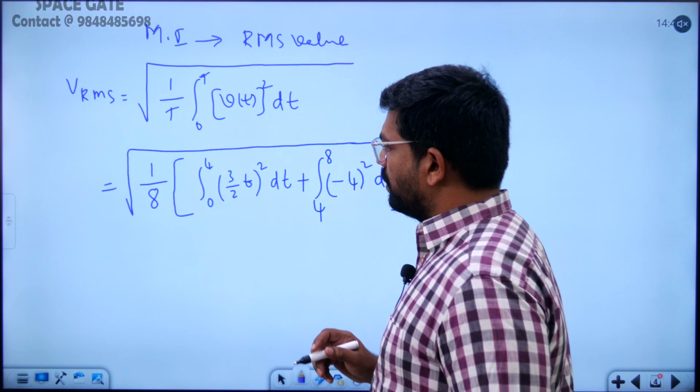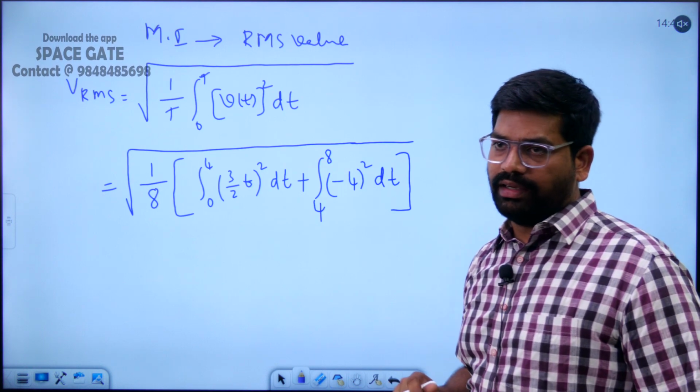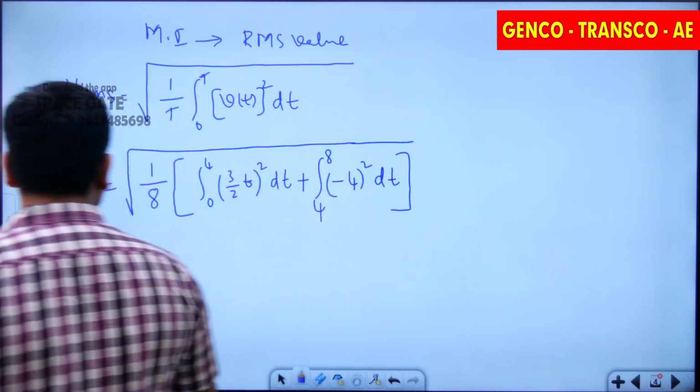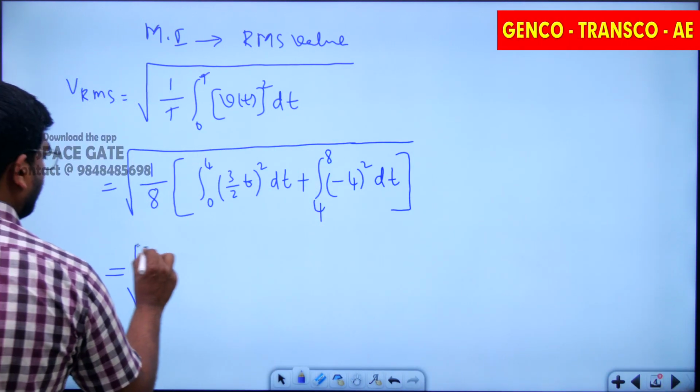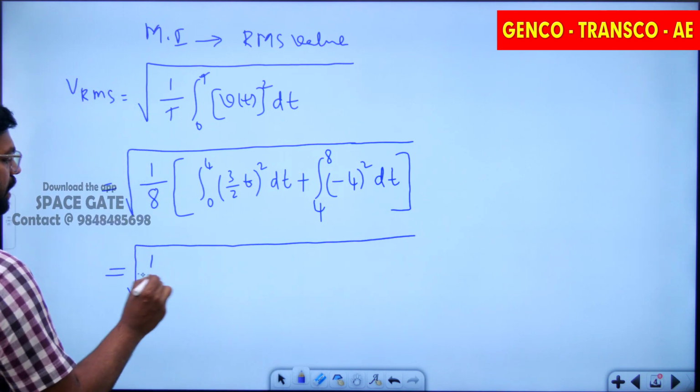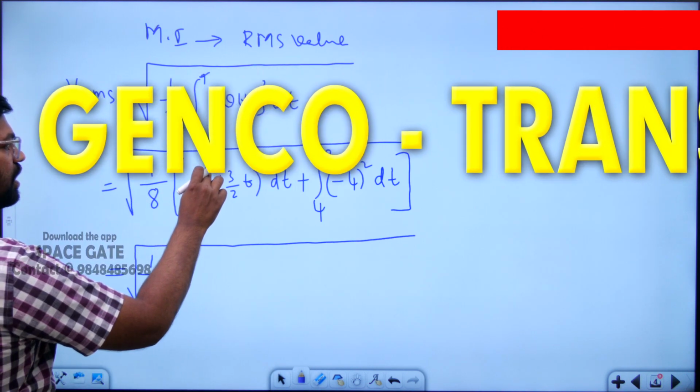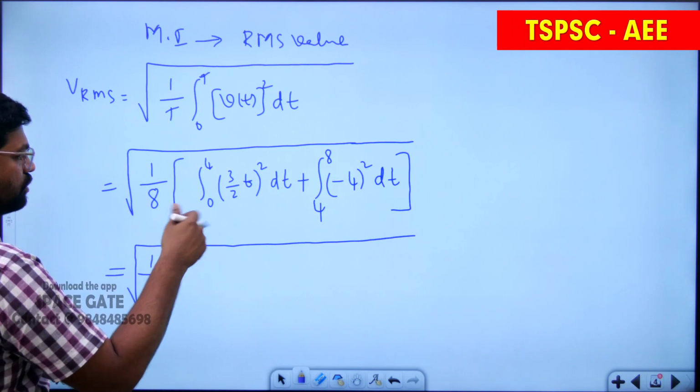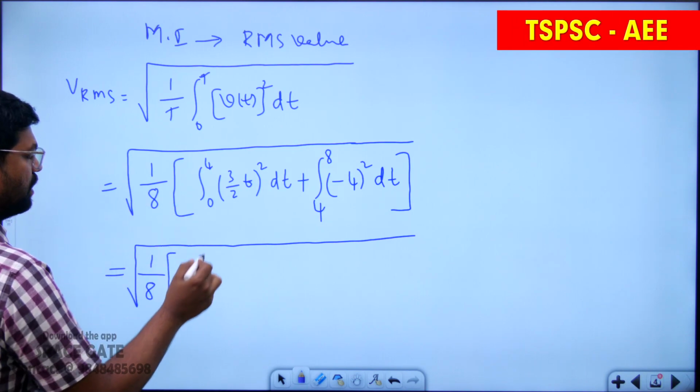This is the RMS expression, root mean square. Now if you do the integration and substitute the limits, we get 1 by 8. Limits are in milli, and this is also in milli, so milli will get cancelled if you substitute the limits.